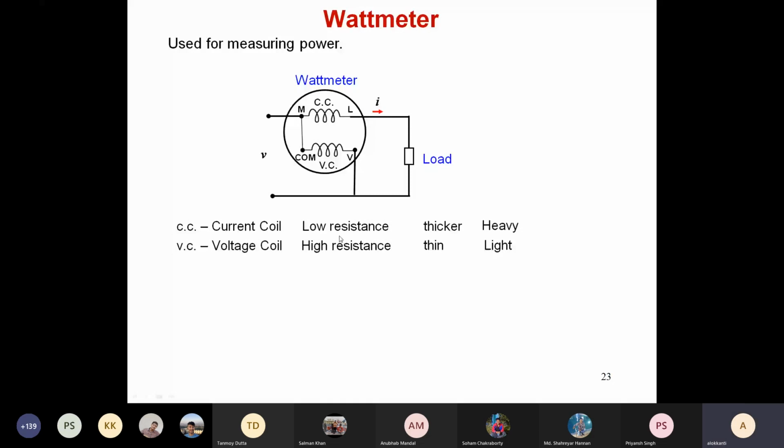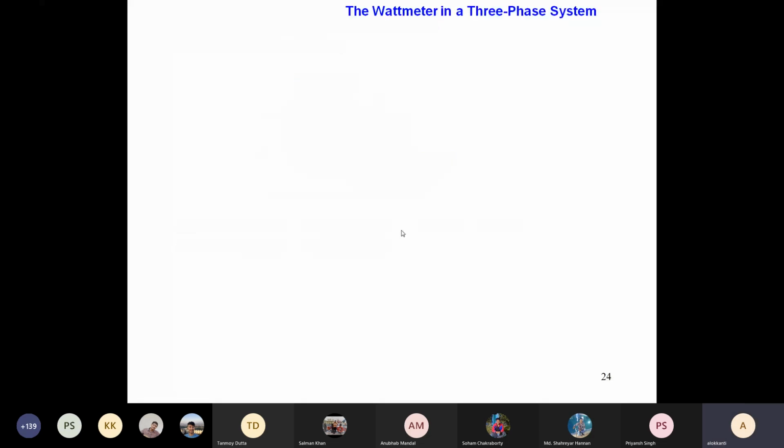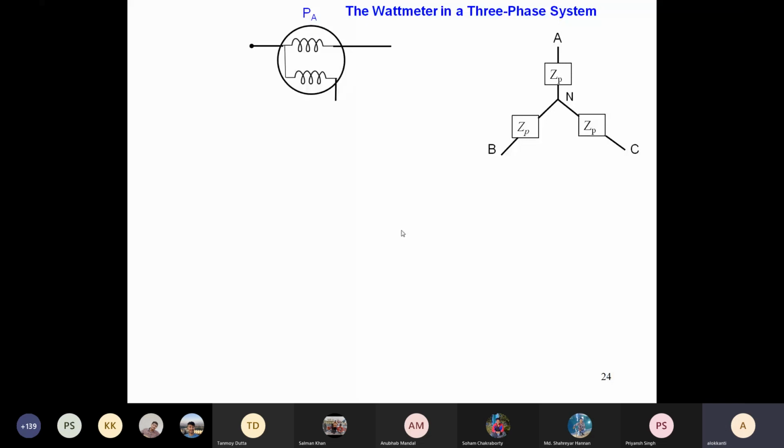Suppose there is a wattmeter in a three-phase system. We are considering a balanced three-phase star-connected load, and we want to measure the power in all three phases. So we employ 3 wattmeters.